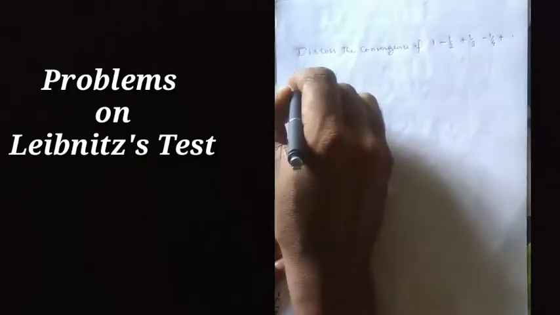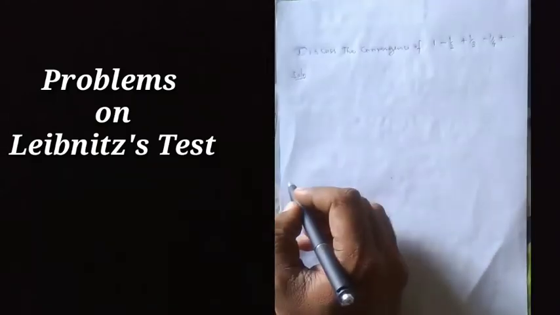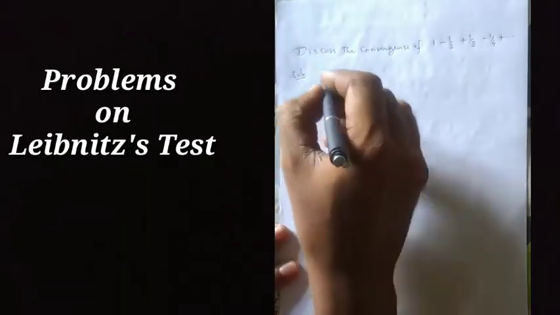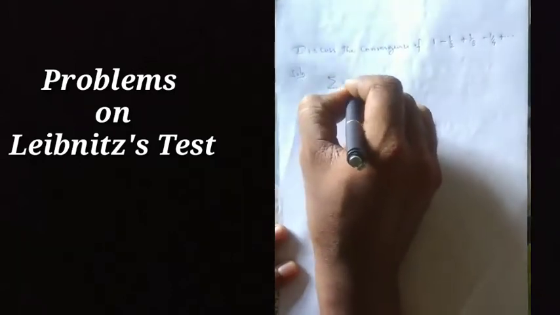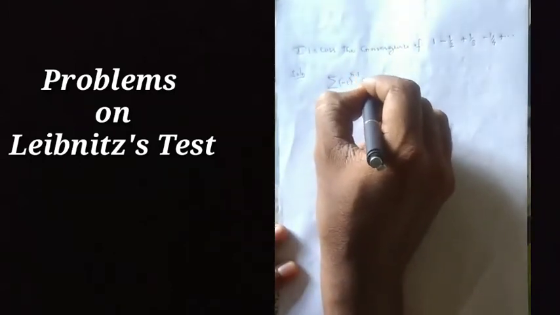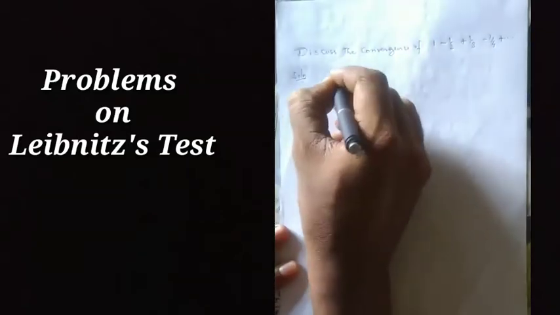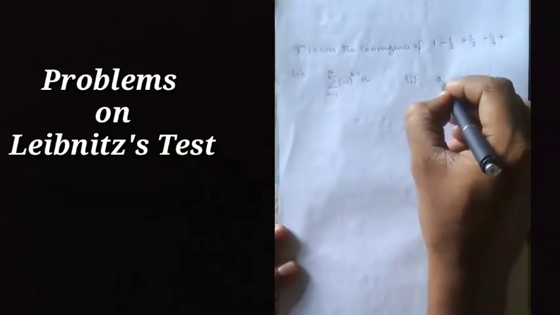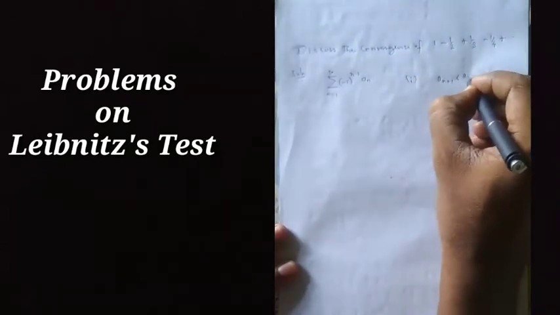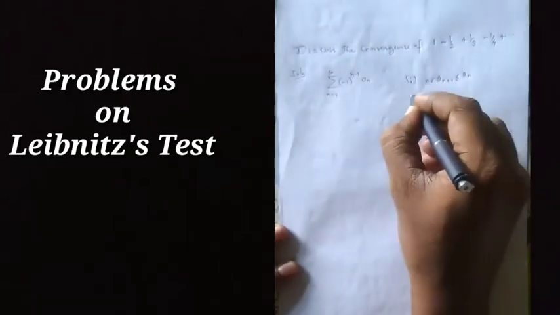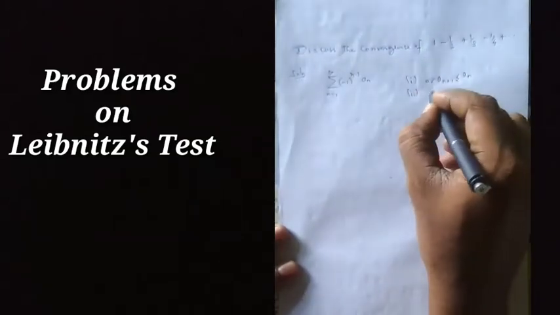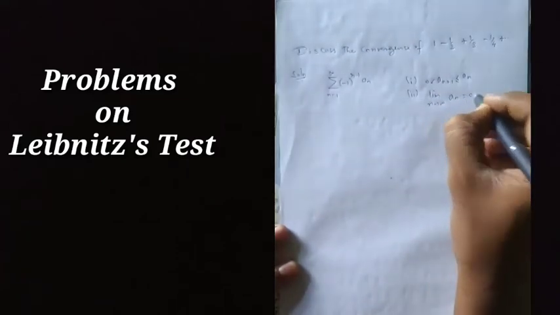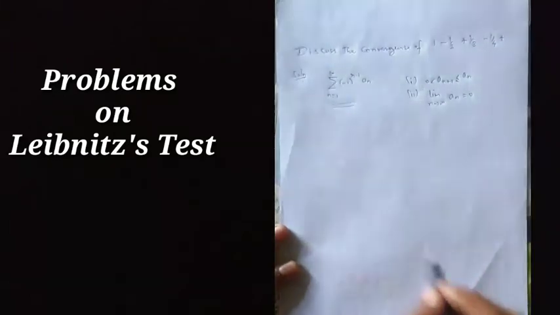Now here, the solution says that the Leibniz test states that if your series, summation of minus 1 to the power of n minus 1 of an, where n runs from 1 to infinity, satisfies the condition a(n+1) less than an as one condition, and the other condition is the limit as n tends to infinity of an is equal to 0, then this series is convergent.